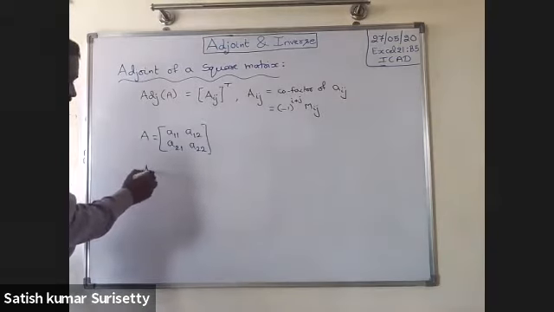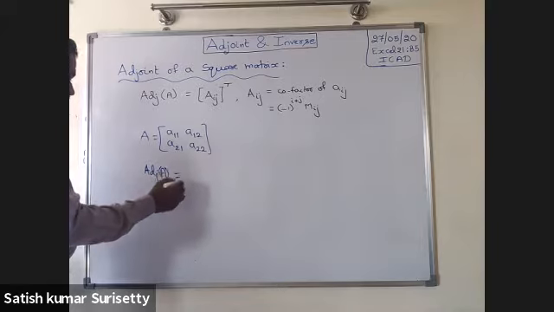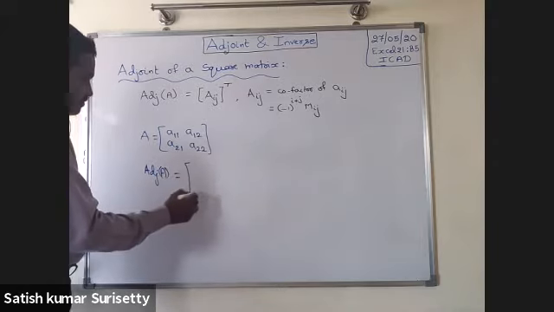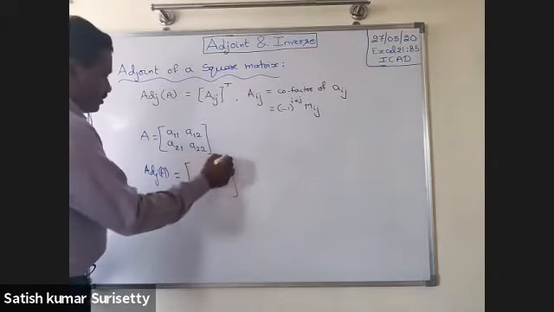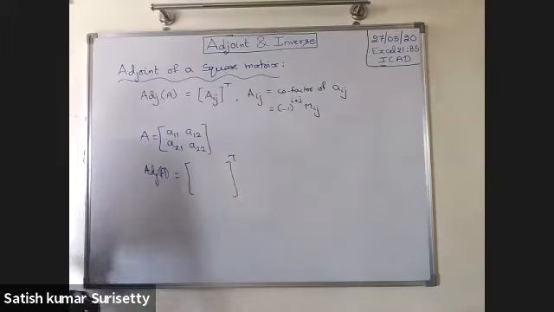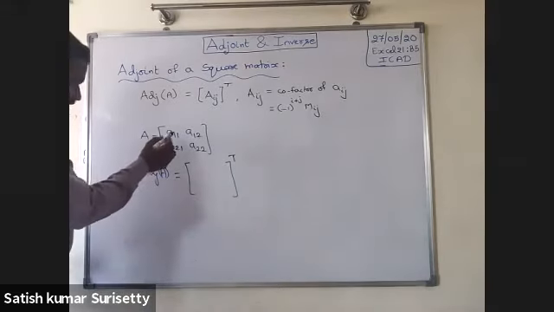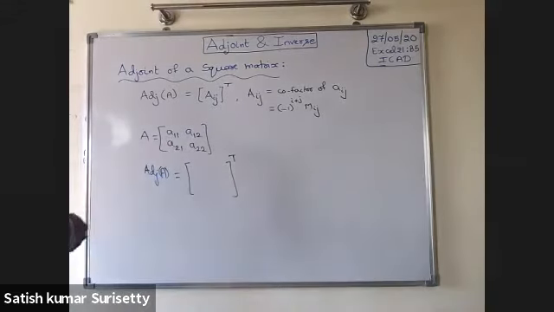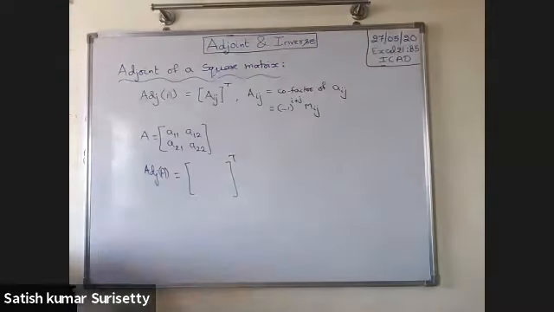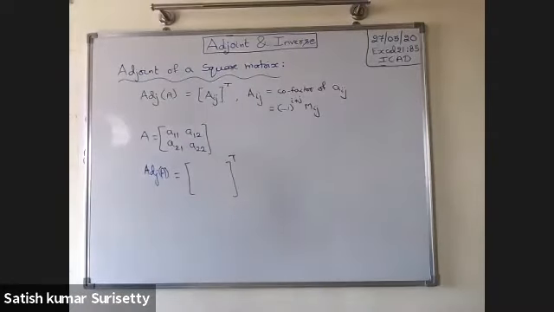So adjoint of A equals the transpose of the cofactors matrix. Now, tell me what is the cofactor of A11? A22.